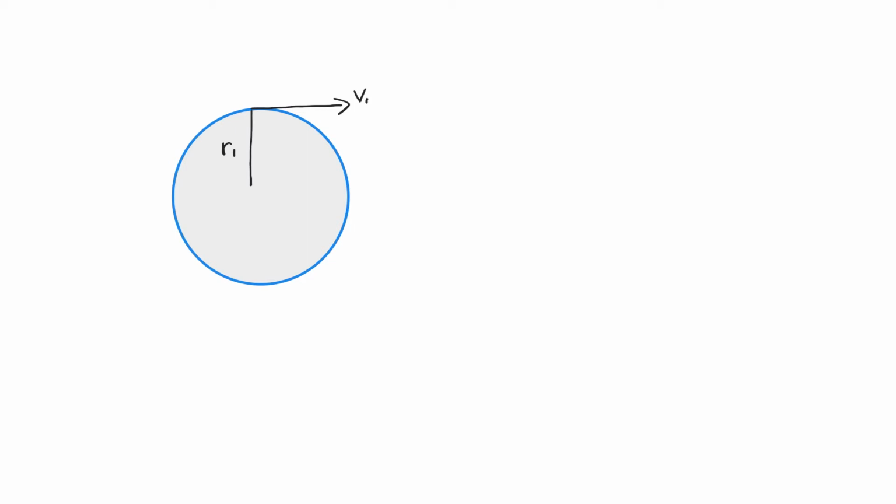Then it's moving from r1 to r2 through some theta, or we can call it the angular displacement, and the velocity here, always tangential to the circle, is going to be v2. So when it's moving from A to B, the angle here is basically the same as the angle here.